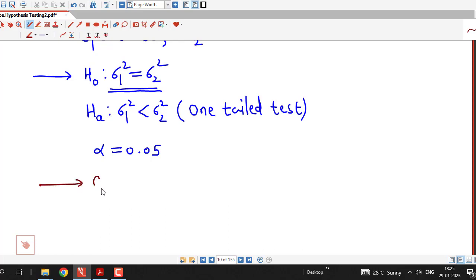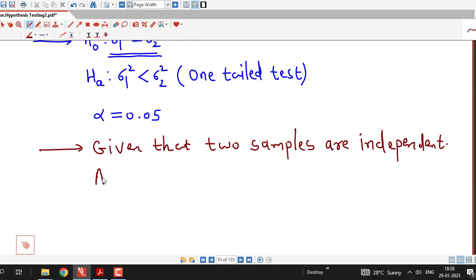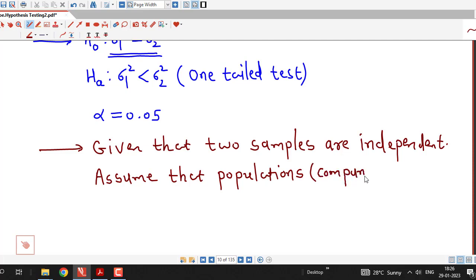So we can write that it is given that two samples are independent, and it is not given that populations follow normal distribution, so we can assume that the populations from which these two samples are drawn, so here populations are going to be company 1 and company 2, are normal.